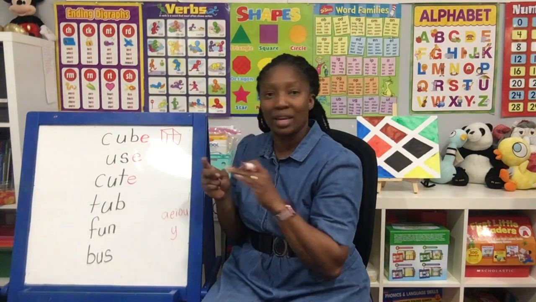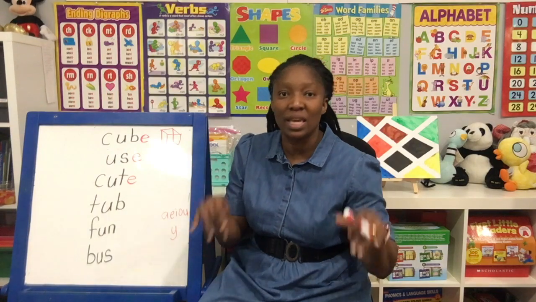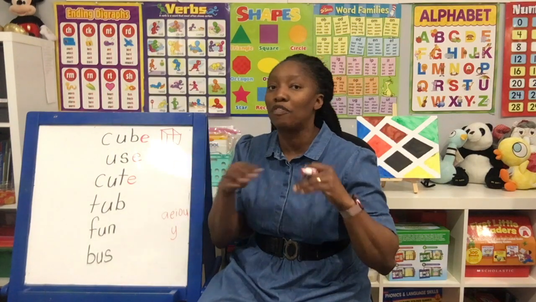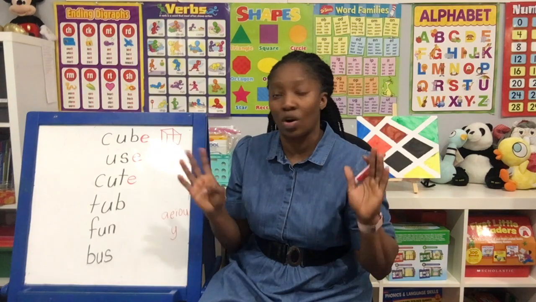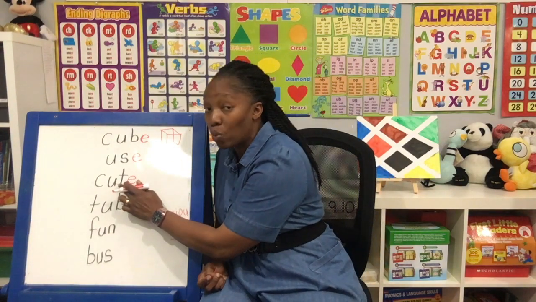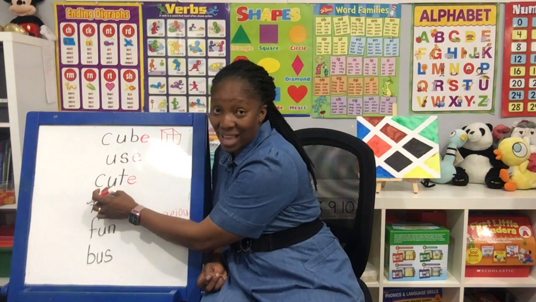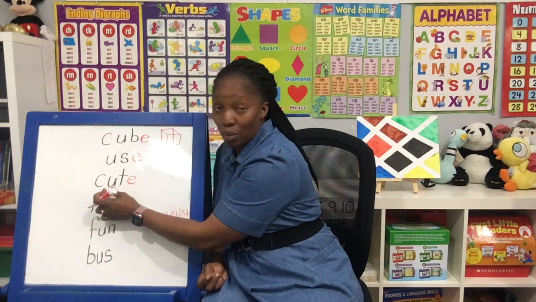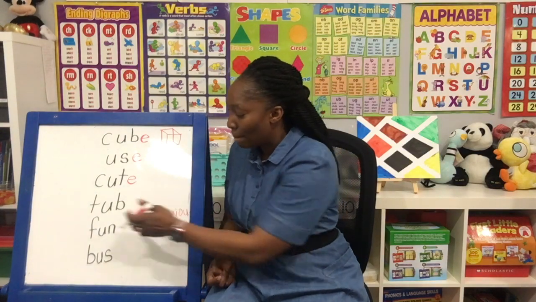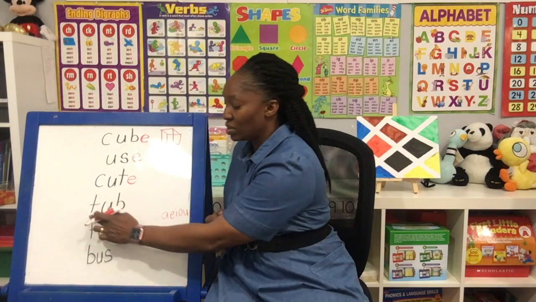Every other letter in the alphabet, so B, C, D, F, G, H, J, all those letters are consonants. You can only have one consonant between that silent E and the vowel to make that vowel make that long sound, okay?